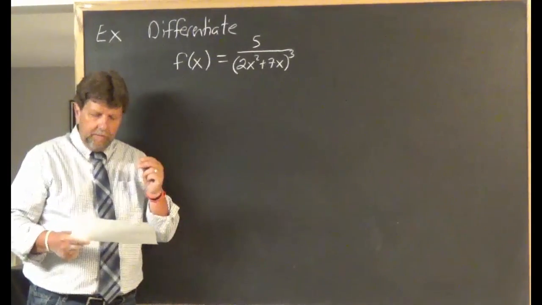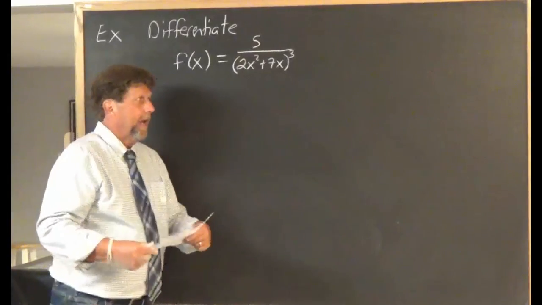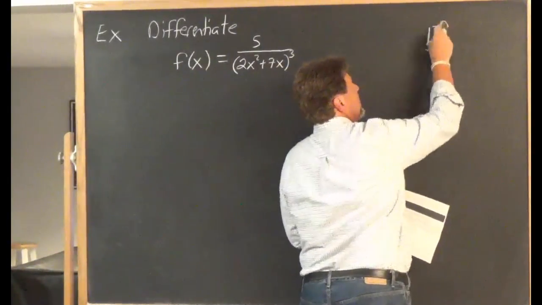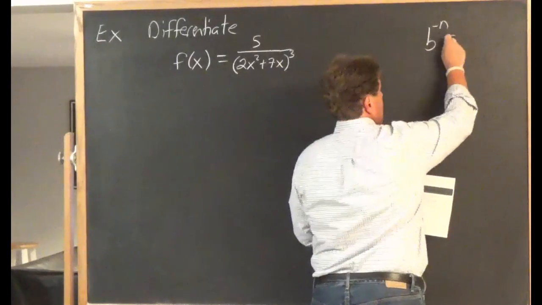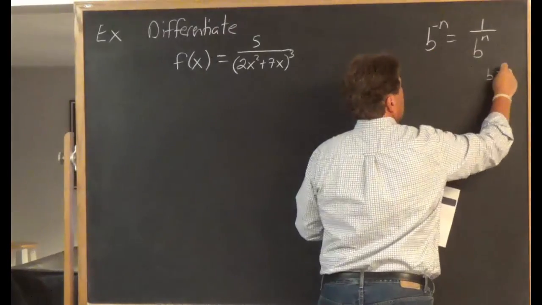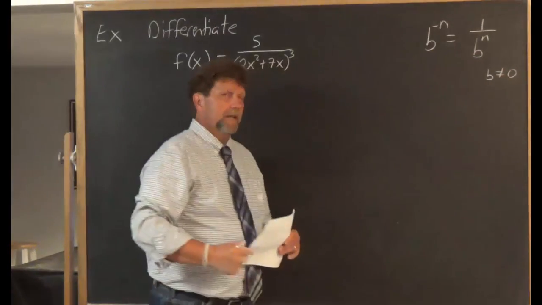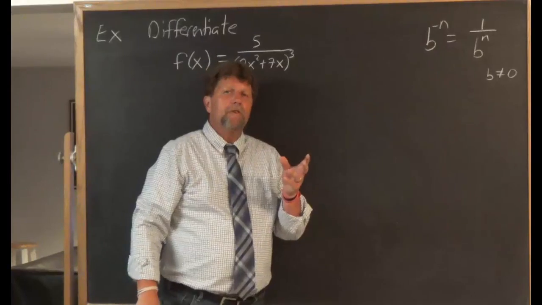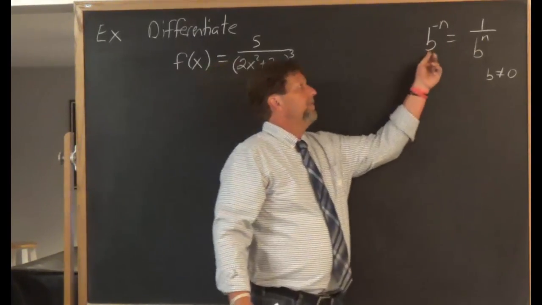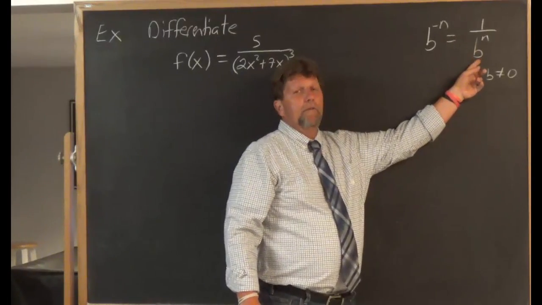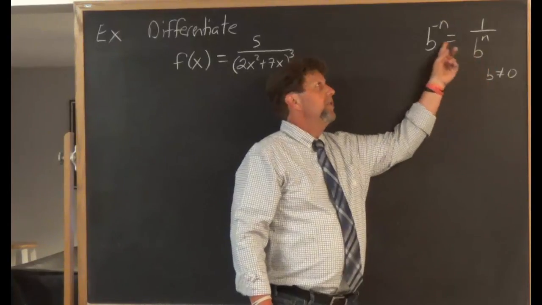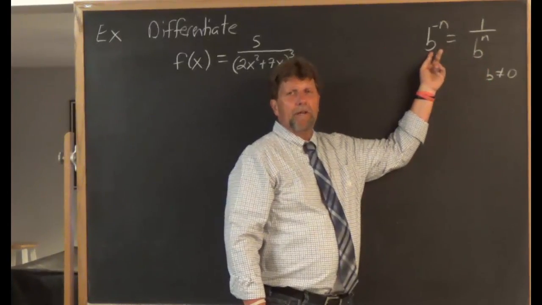And we can do this by using this old rule in algebra that says b to the negative n is 1 over b to the n, as long as b doesn't equal 0. So it's an old rule of algebra that tells you how to rewrite negative exponents. Likewise, if you have a 1 over b to the n, you can rewrite it with the negative exponent.